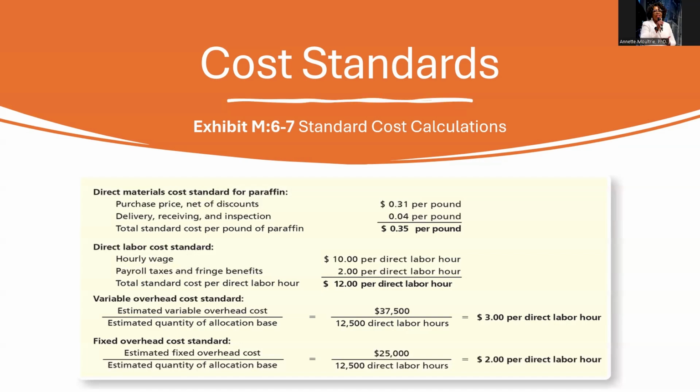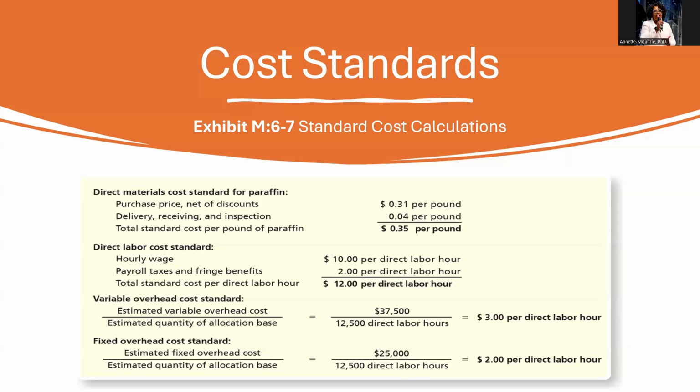Then you have the variable overhead cost standard. Estimated variable overhead cost is $37,500. Then you have the estimated quantity of allocation base at 12,500 direct labor hours. When you divide that, you get $3 per direct labor hour. And then you have the fixed overhead cost standard. The estimated fixed overhead cost is $25,000.